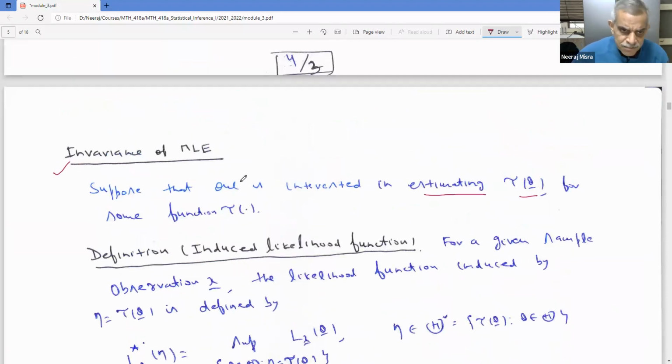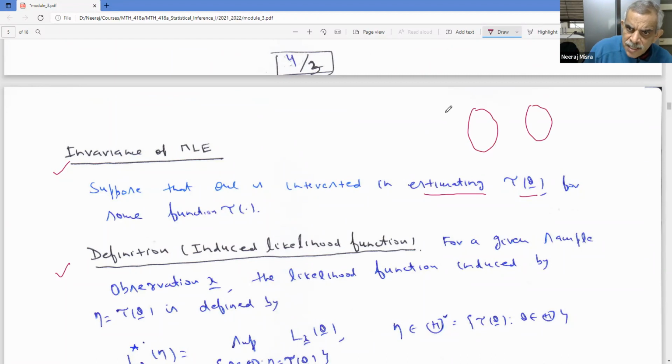So I now first give the definition of an induced likelihood function, because this would induce a likelihood function in the sense that you have a parameter space theta over here. This is the range of tau(theta). So what may happen is more than one point may go to the same value.